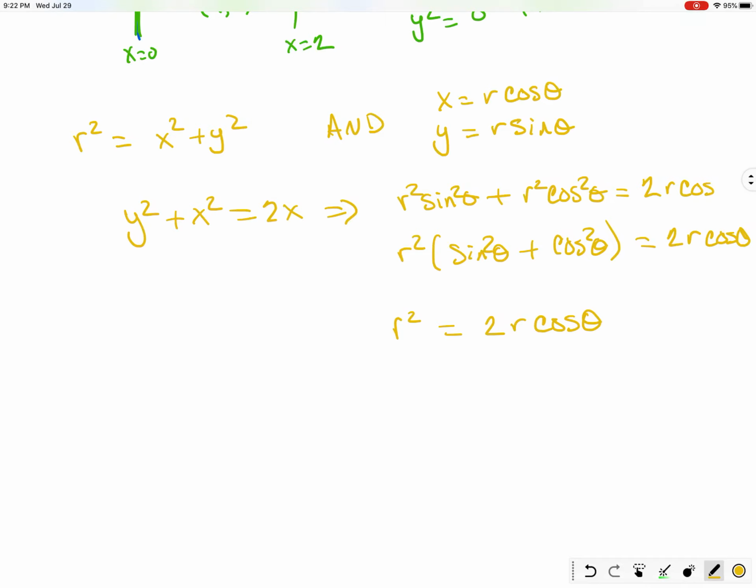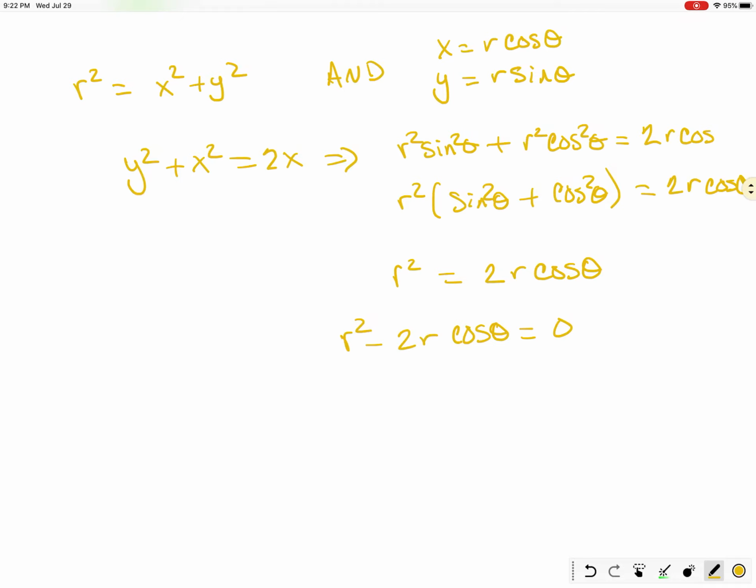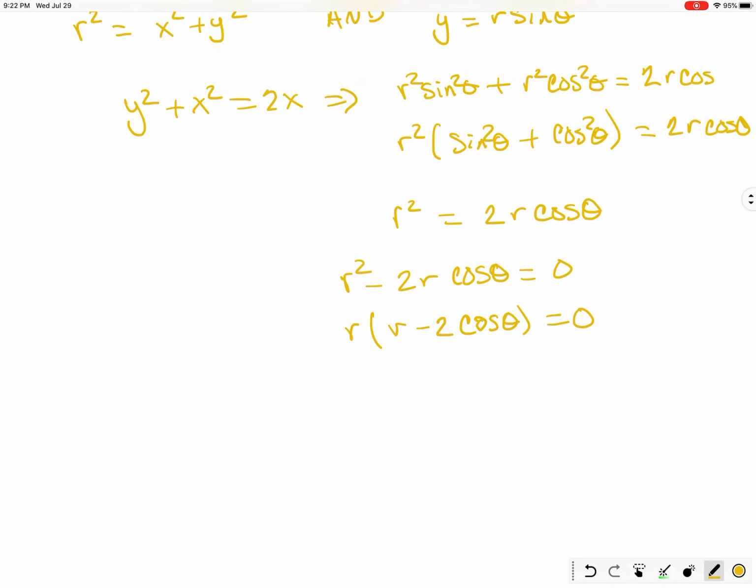I can deal with this equation a couple different ways, but the way I'm going to deal with it is r squared minus 2r times the cosine of theta is equal to 0. So I subtracted the right-hand side over. Then I factor out an r, and I'm left with r times (r minus 2 times the cosine of theta) equal to 0.